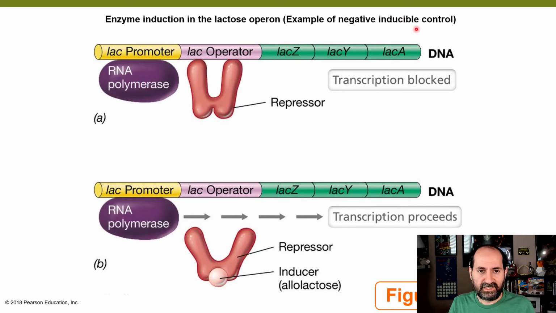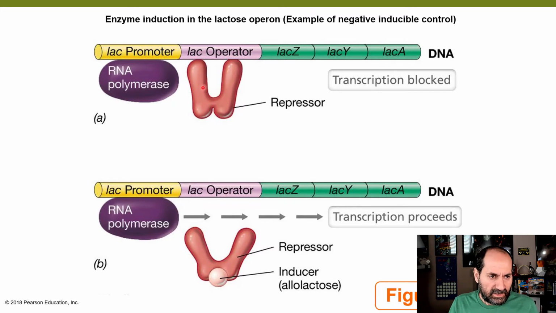And inducible meaning what? Remember earlier I told you inducible means you add a small molecule that turns on gene expression. So when you see negative, I want you to think repressor. When you see inducible, I want you to think can turn on. You can do something to turn on gene expression by adding a molecule.